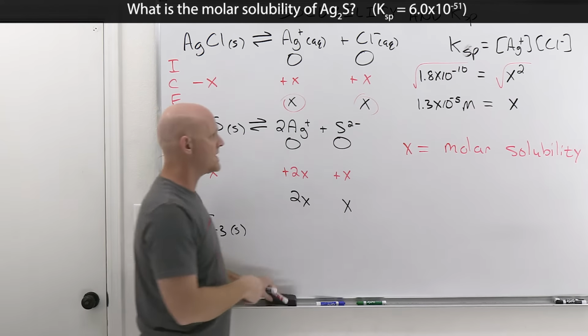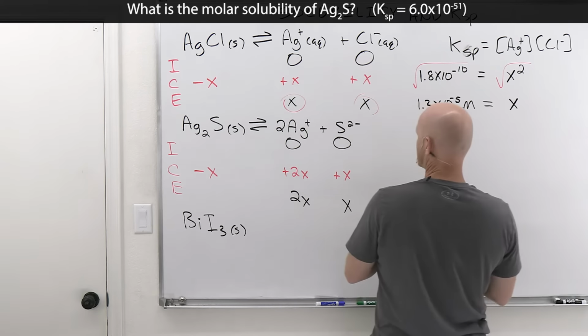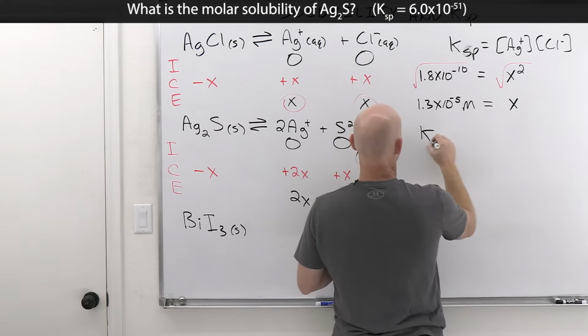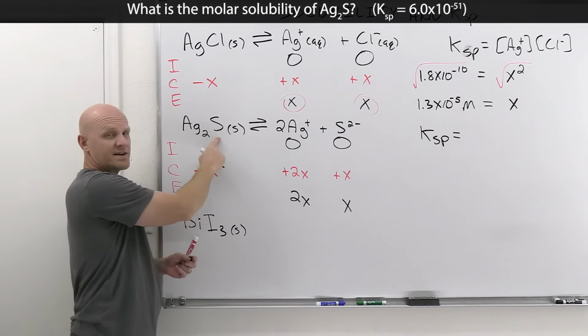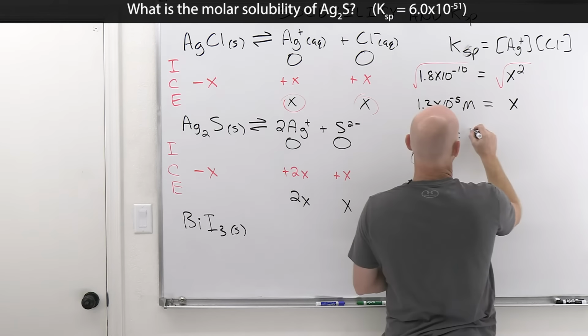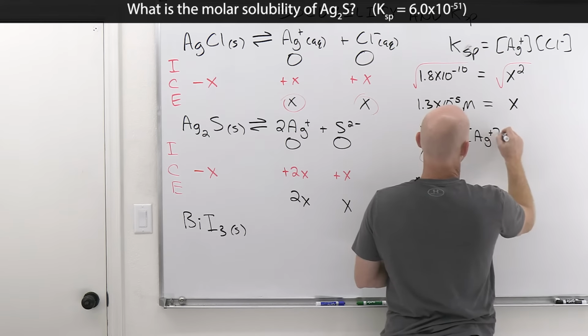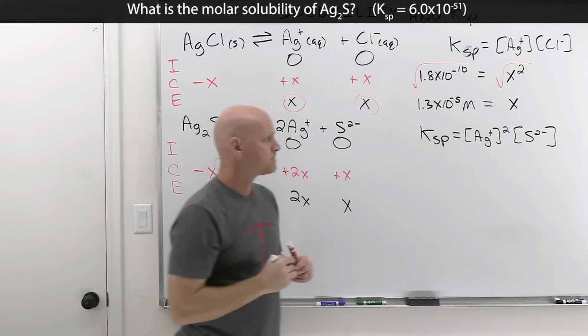And the other half of the equation here is we never set up the Ksp expression. Let's do that. So it's going to be a little bit different here as well. And again, it's just products over reactants, but the reactants of solids are never going to show up. But here we've got to remember to square that silver ion concentration. So it's Ag plus squared times the sulfide ion concentration.